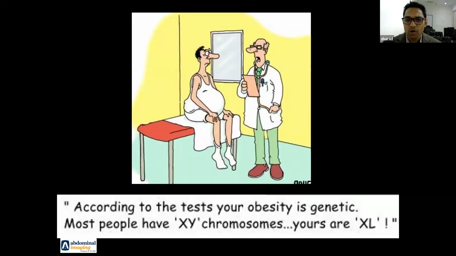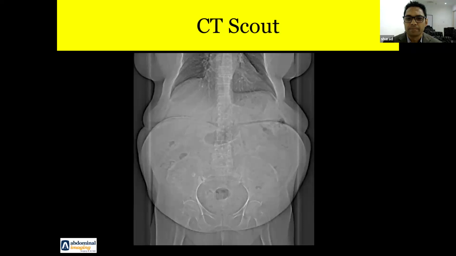And so we all are moving towards the obesity thing, as in lifestyle is improving. So let me start with a case. This is a scout image. As you can see, this is an obese lady. So she had very non-specific symptoms, had been going to a GP, and then finally she went to a gastroenterologist.